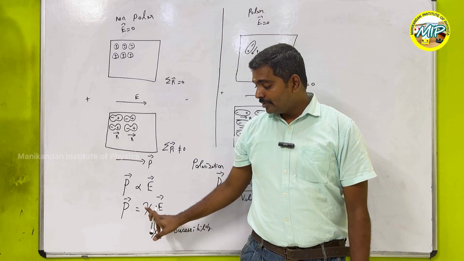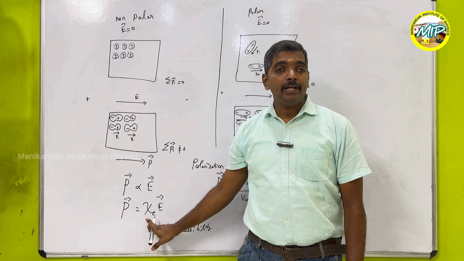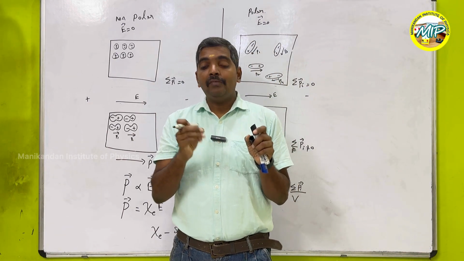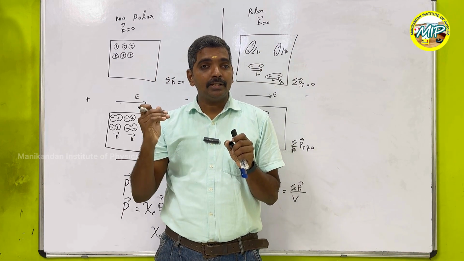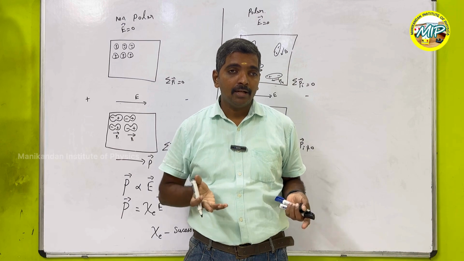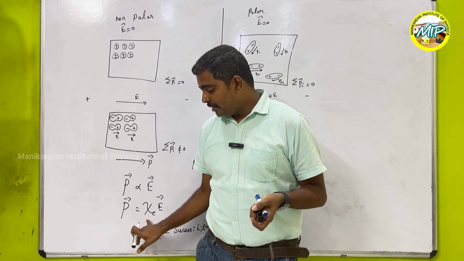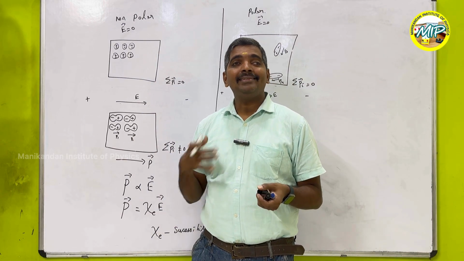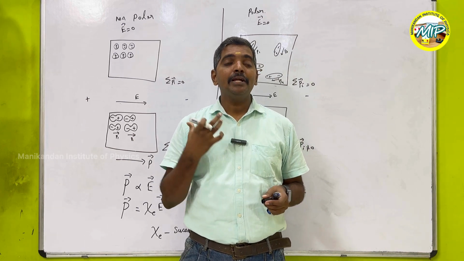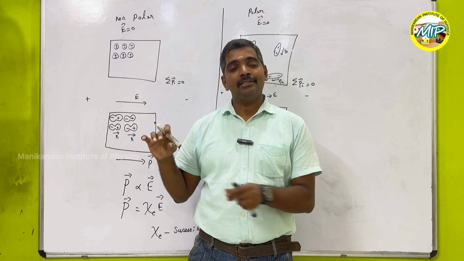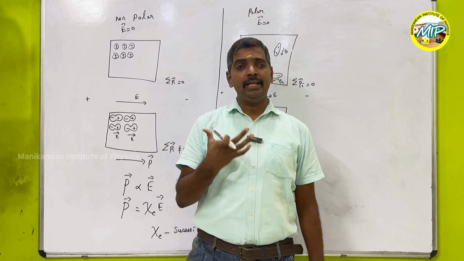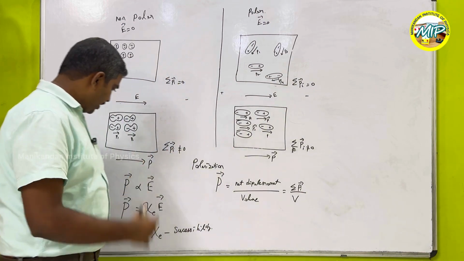So this tells about the nature of the material. Again, if I replace a proportionality symbol by a constant, that constant just tells about the nature and dimension of the material. Here, my susceptibility chi just tells about the nature of the material. It's the ability of the material to store the energy.